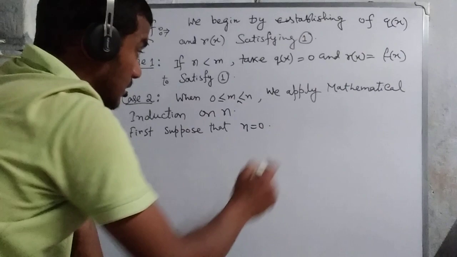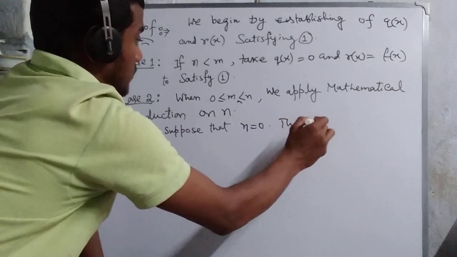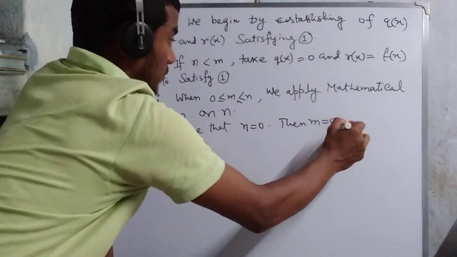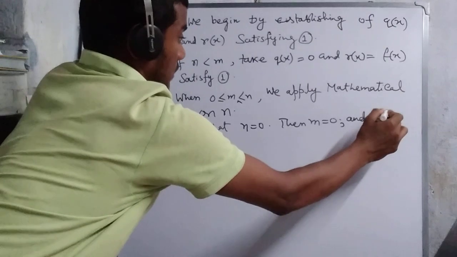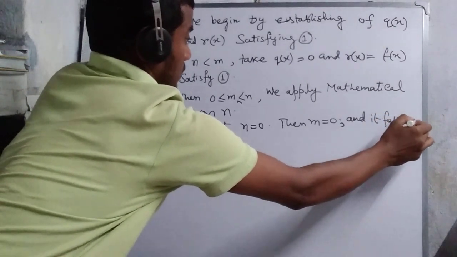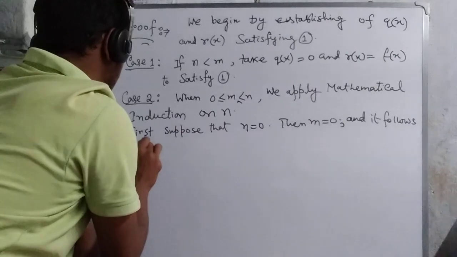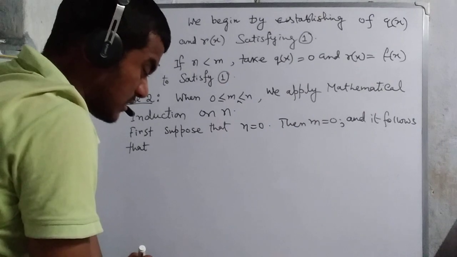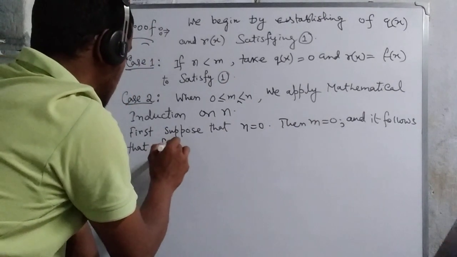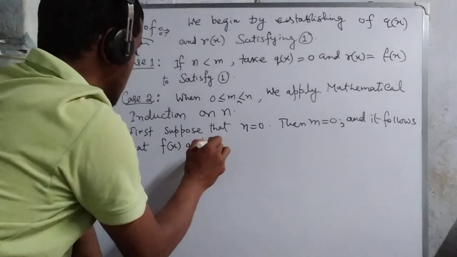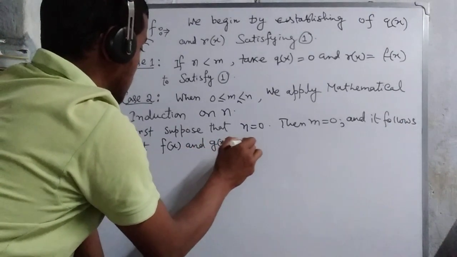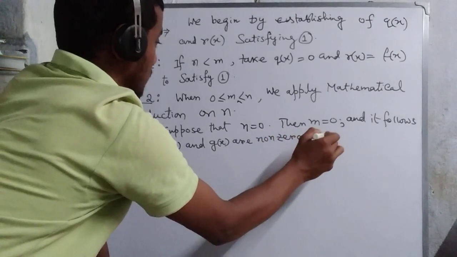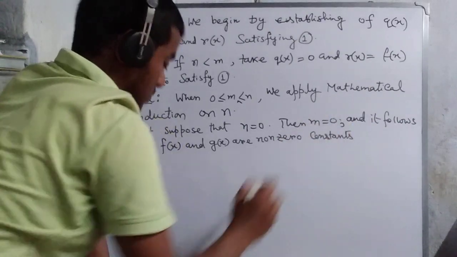Then m equals 0, and it follows that f(x) and g(x) are non-zero constants.